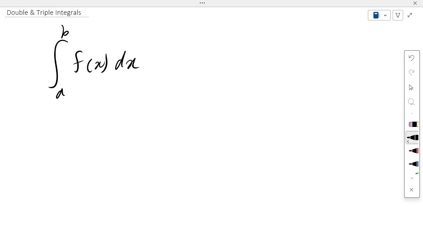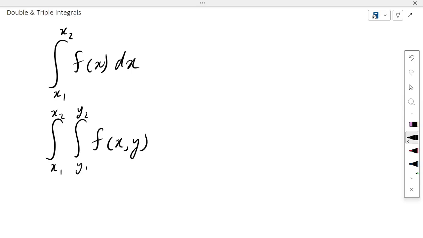Okay, and now let's look at our double integral. What I'm going to do is call this x1 and this x2. Our double integral will look like this. It'll be from x1 to x2, and then our second integral will be from y1 to y2, and then it'll be a function of x and y with respect to x and y, like that.